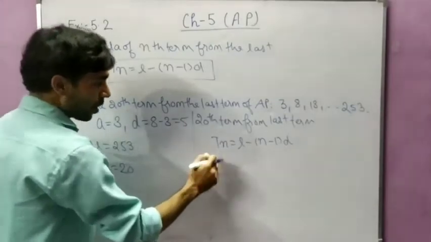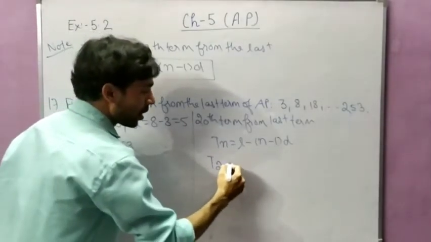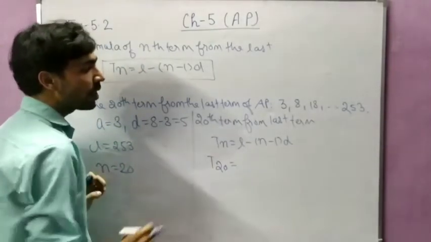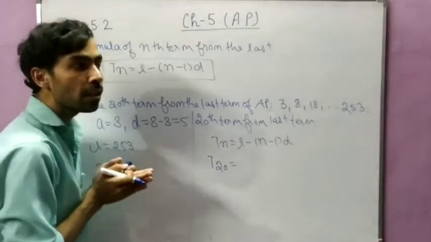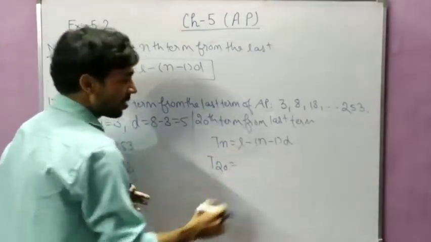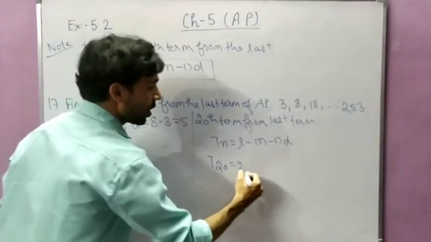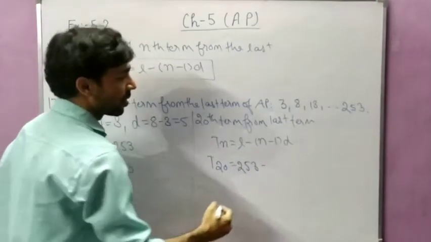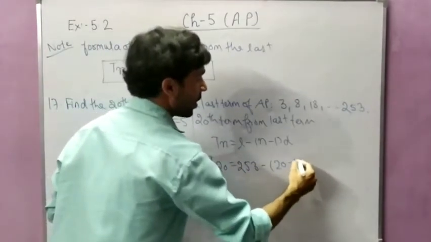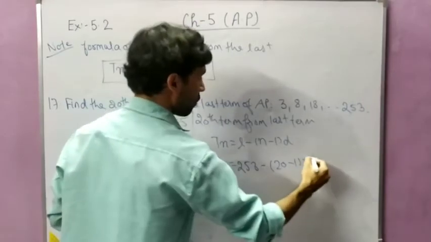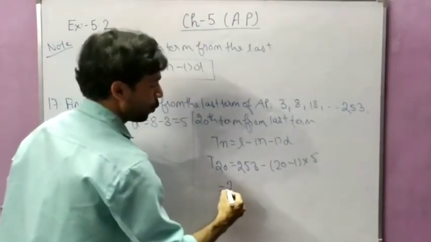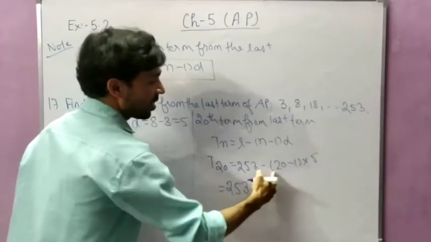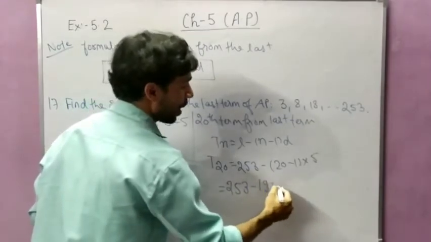Now we have to find T20 because n equal to 20, and we have to find the 20th term from the last. So the formula is this: L equal to 253 minus (n is 20 minus 1) into d is 5. So 253 minus 19 into 5.